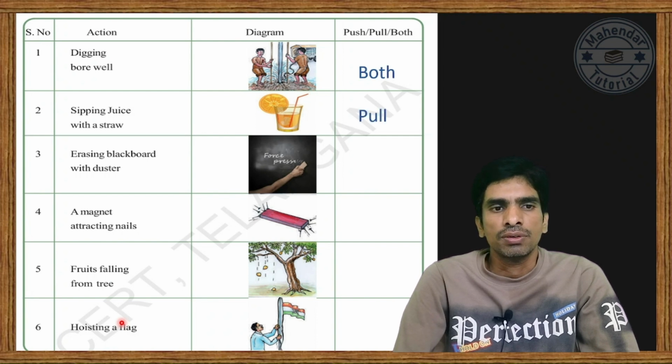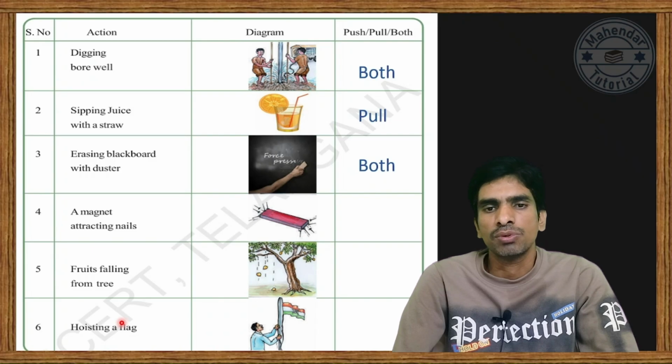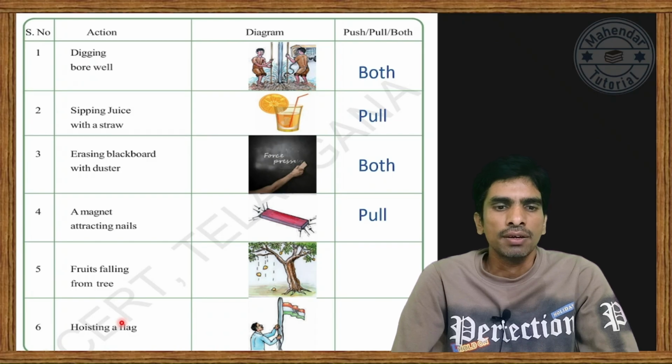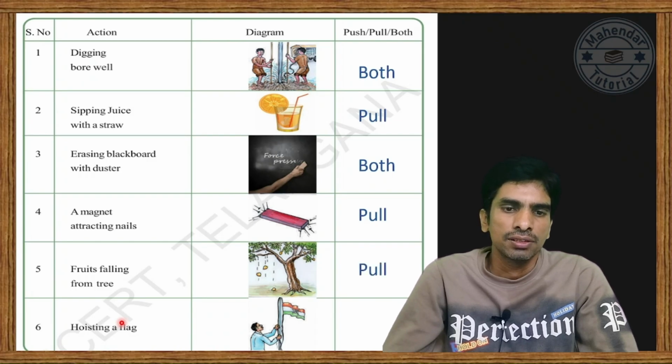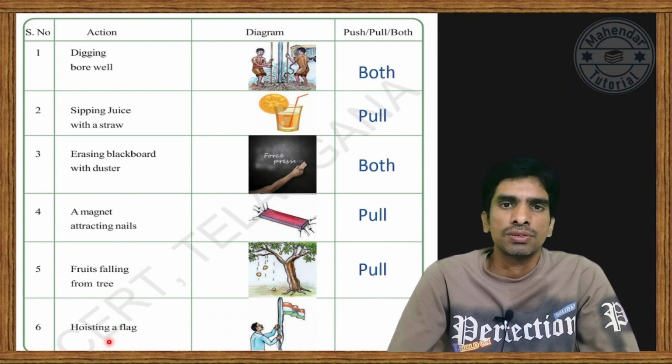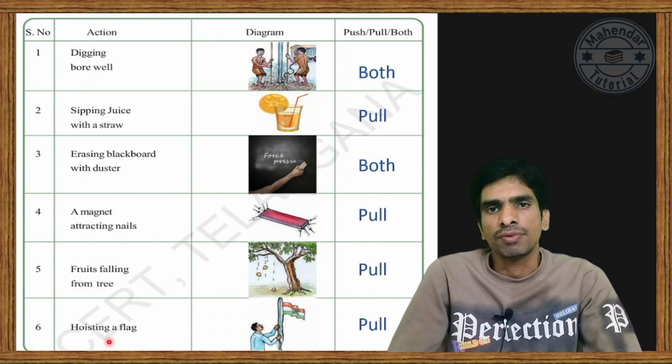Erasing a blackboard with a duster involves both pushing and pulling. A magnet attracts nails. Here it pulls the nails. And fruits are falling from a tree because of gravitational force, so it is also pull. And hoisting a flag, we need to pull the thread. So these are the actions that involve pushing or pulling.